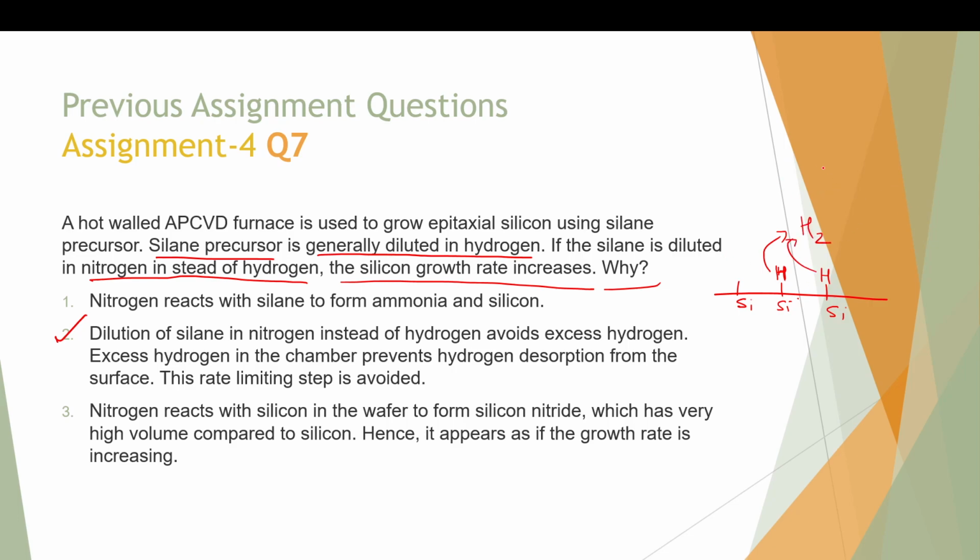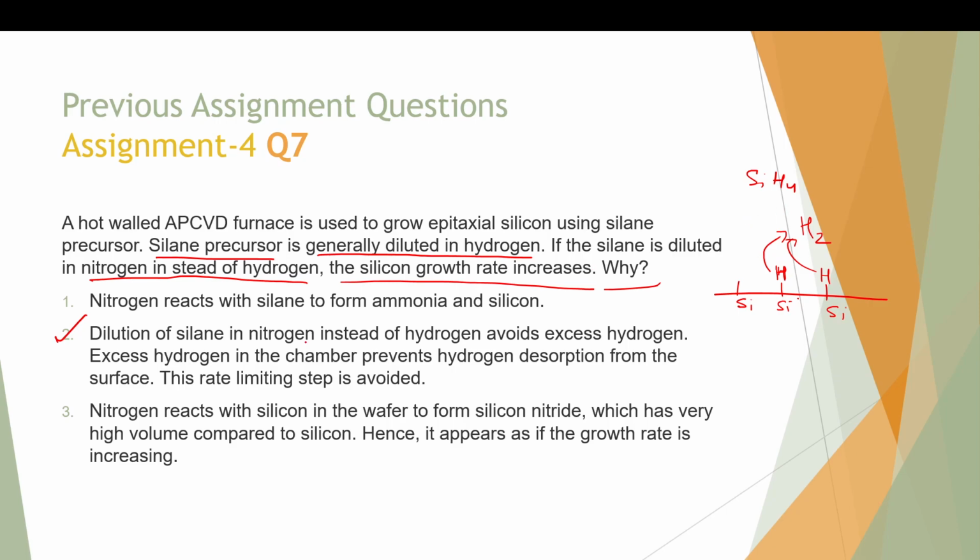So silane already has hydrogen, right, SiH4, and on top of that, if you are diluting it with more hydrogen, that means there will be hydrogen in abundance. So the partial pressure of hydrogen will be very high in the chamber, and so the desorption of hydrogen will take some energy.